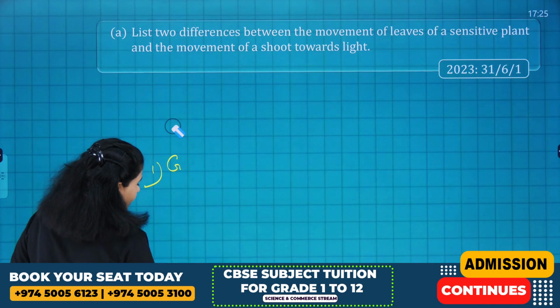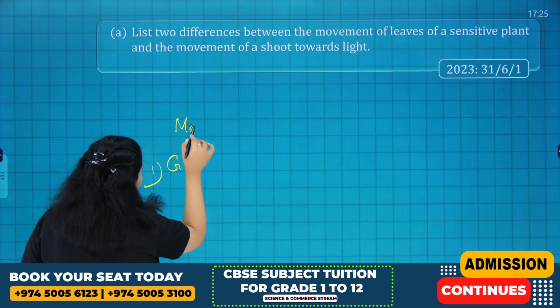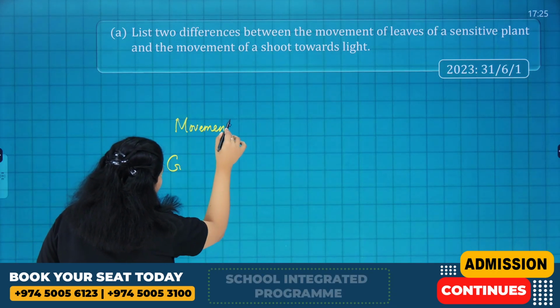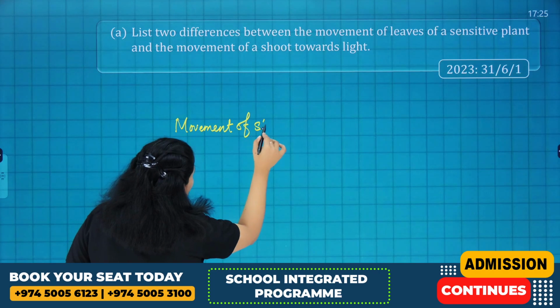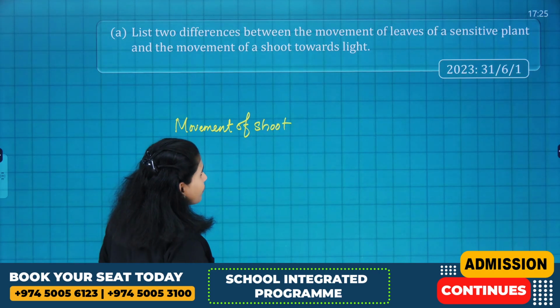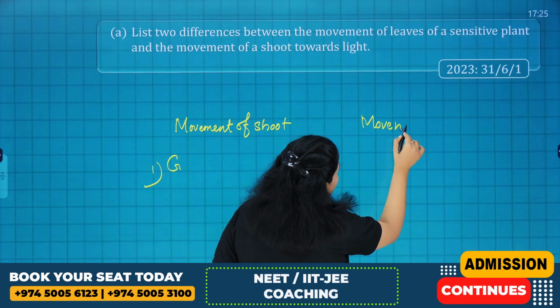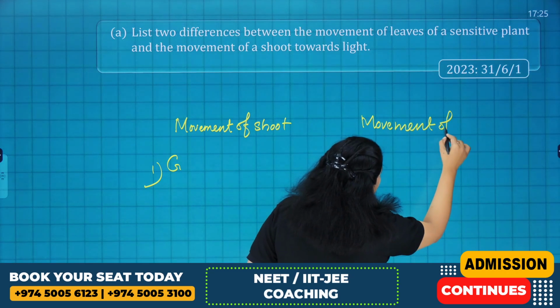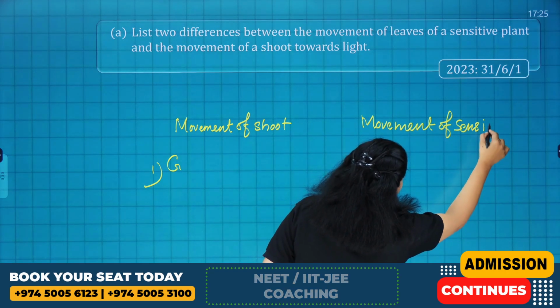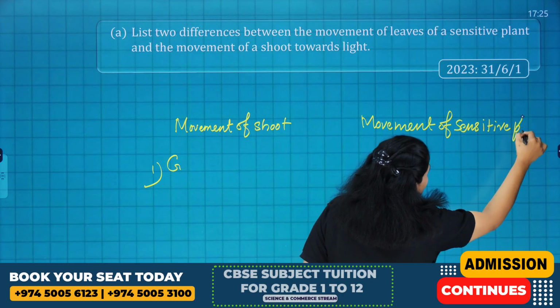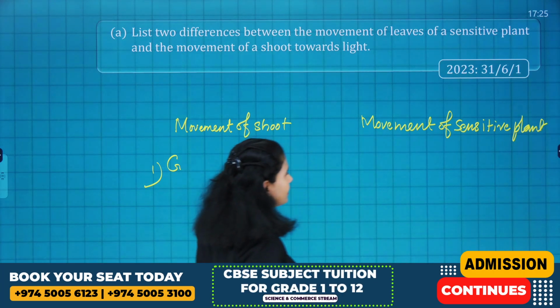So here you can write movement of shoot, and here you can write movement of sensitive plant.